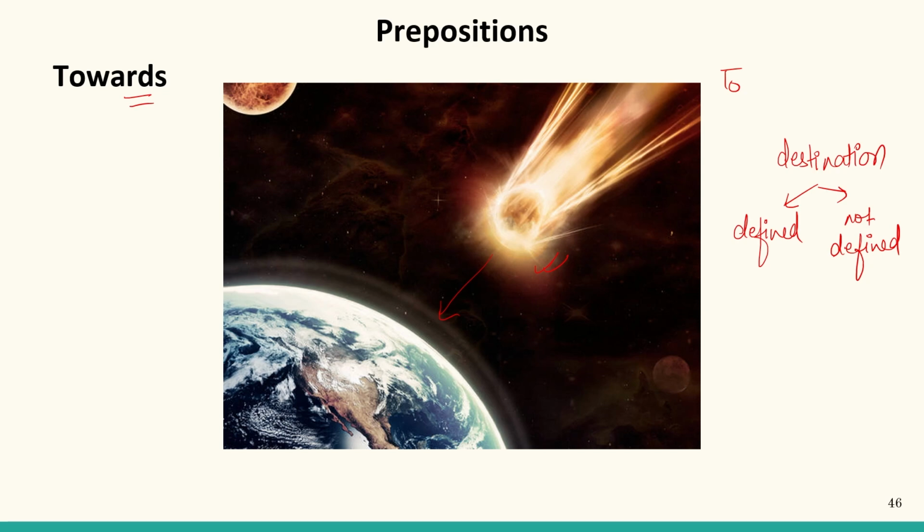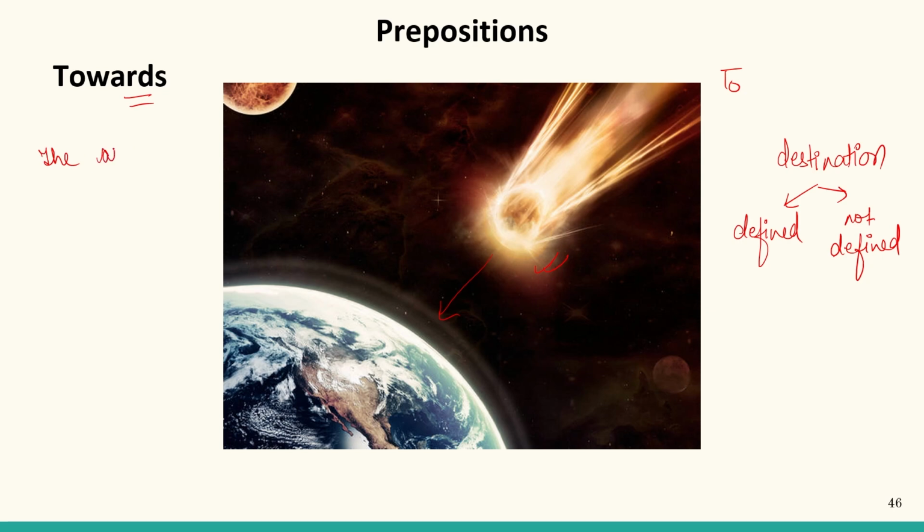The things that are far from us, if they are coming close to us, we can say that they are coming towards us, because we don't know the exact position where they will stop or where they will reach. So when we see something going in the direction of something, we use towards.